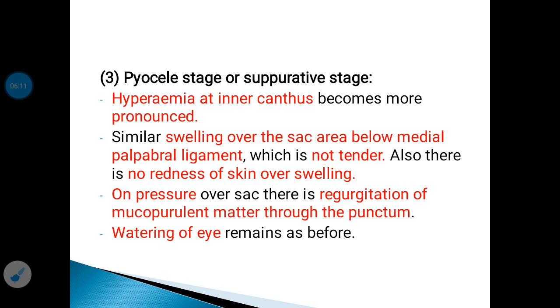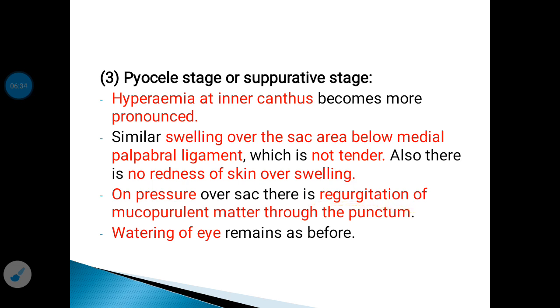The third stage is the pyocele stage, also called the suppurative stage. The hyperemia at the inner canthus that was present in stages 1 and 2 now becomes pronounced. There is similar swelling over the sac area below the medial palpebral ligament, which is not tender. Also, there is no redness of skin over the swelling.